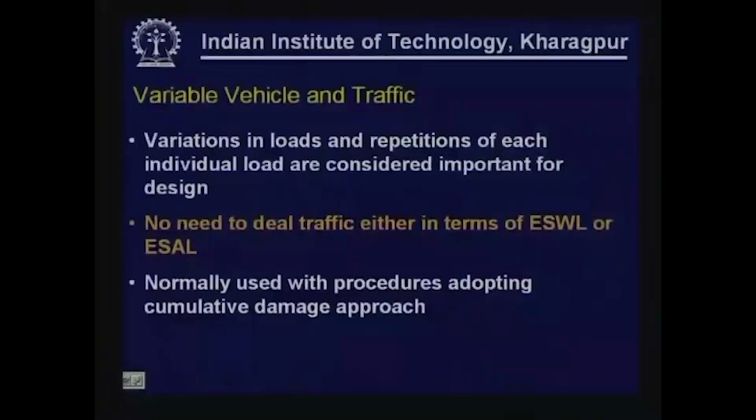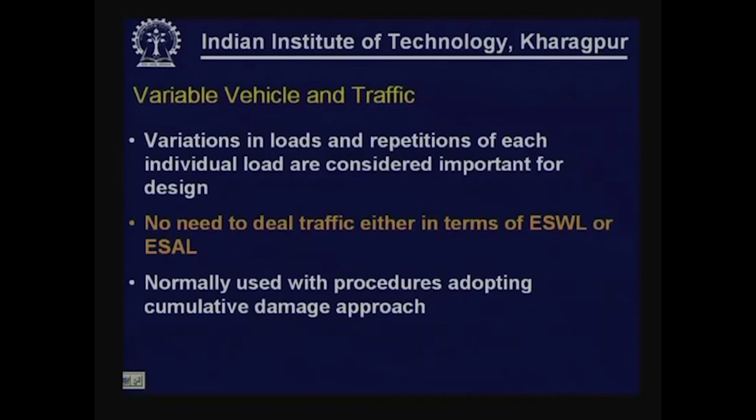If you have 10,000 repetitions of 10-ton axle, we will find out the damage caused by 10,000 repetitions of 10-ton axles, and certain other repetitions of 8-ton axle, and then maybe another 30,000 repetitions of 6-ton axle. We will take into account all the loads and all the corresponding repetitions. We will not talk about anything fixed here. So, there is no need to deal with traffic either in terms of equivalent standard wheel load or equivalent standard axle load.